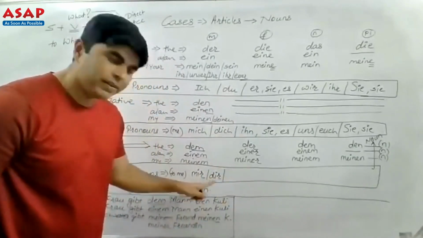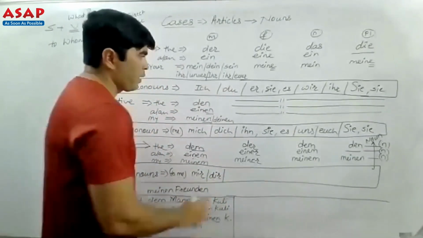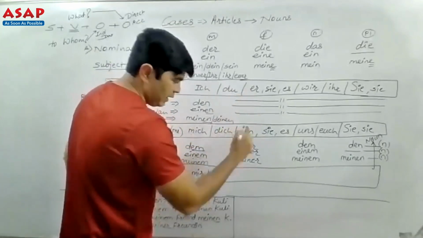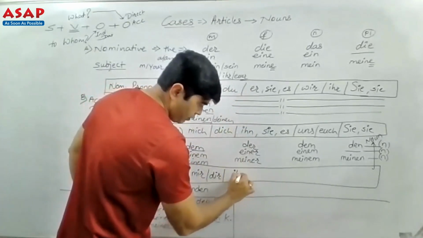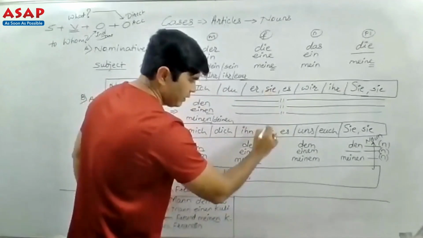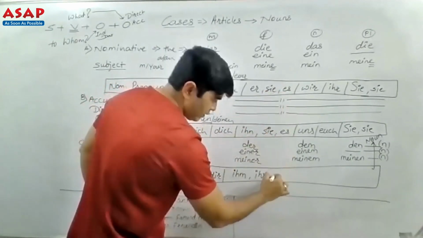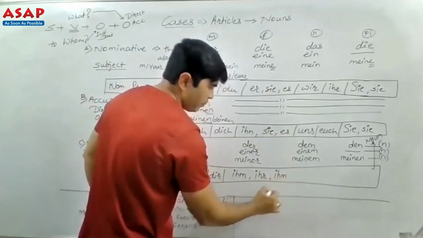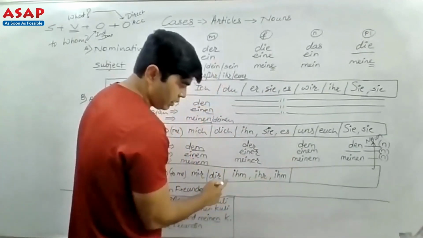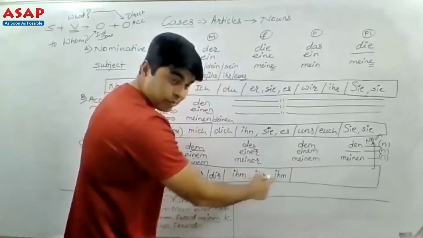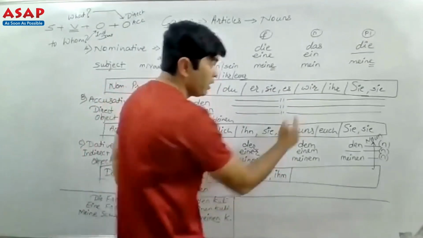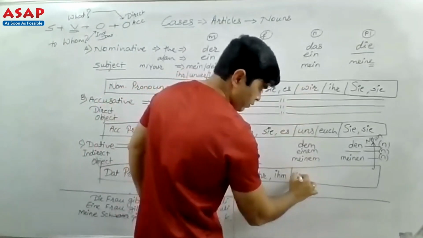You might have seen this already, right? Sie, ihr. Es, ihm. So to him and to it is the same. Ihm. Okay. Then wir, uns.